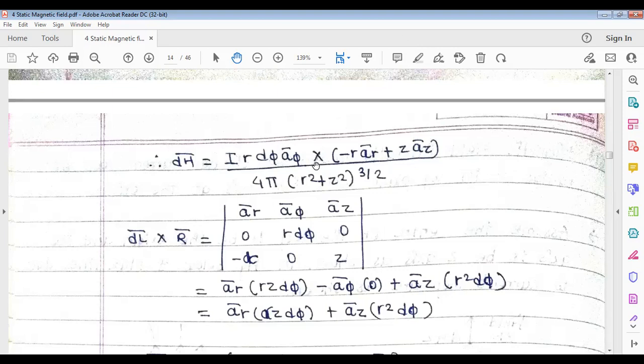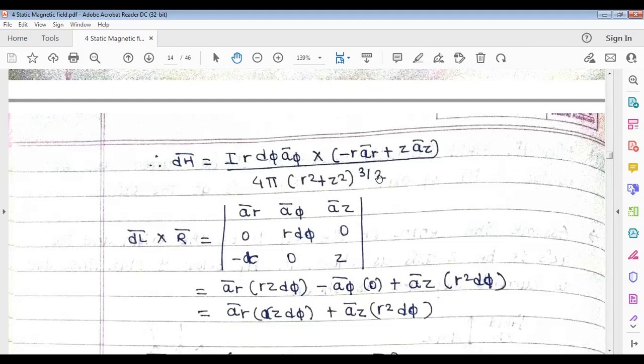Now, just see here. You just concentrate on these unit vectors only. Don't concentrate on these other terms. So, now tell me, here cross product of a bar phi and a bar r is there. Take a bar phi cross a bar r, and tell me, do you have to go in clockwise or anti-clockwise direction?